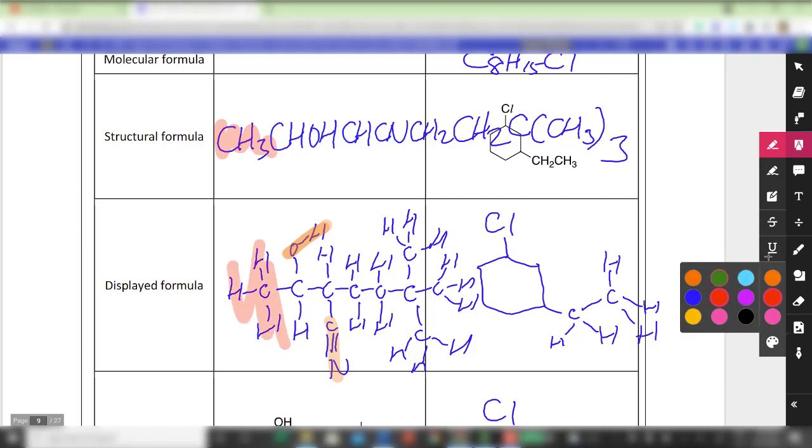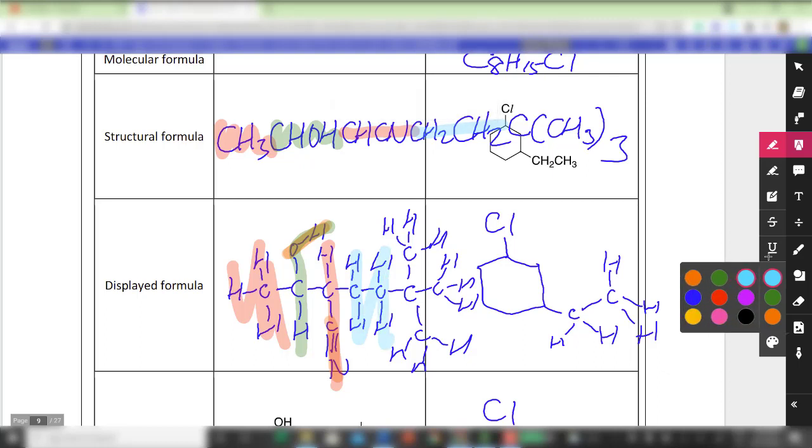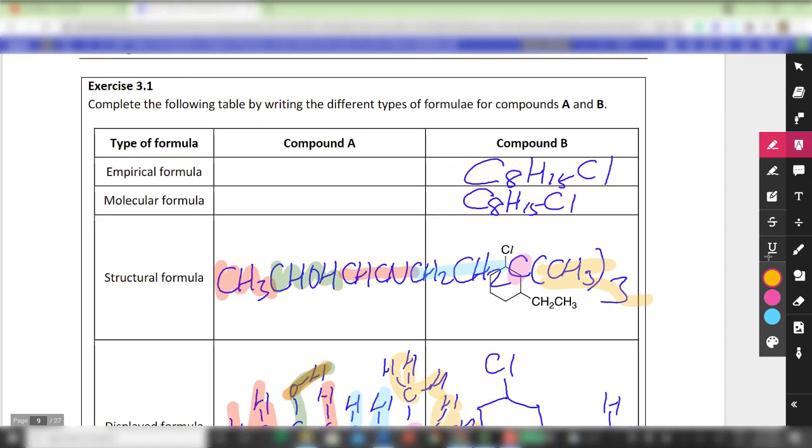Okay, then after that the CHOH is over here, and then the CHCN is over here, and then of course the CH2, CH2, CH2, CH2, and then the carbon, and then CH3, three of them, like this. Okay, so it's unambiguous. Yep.